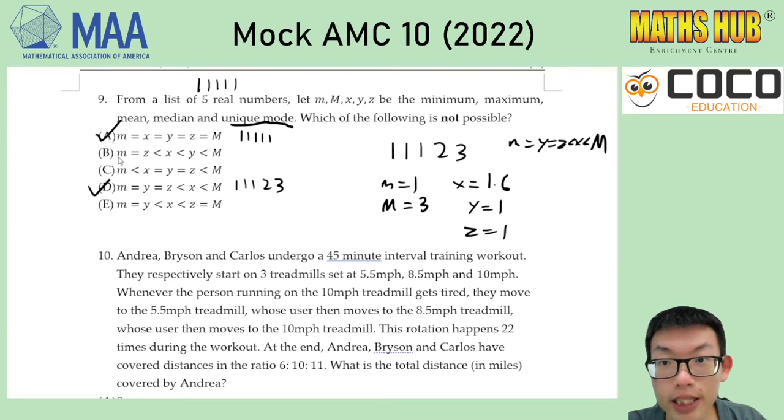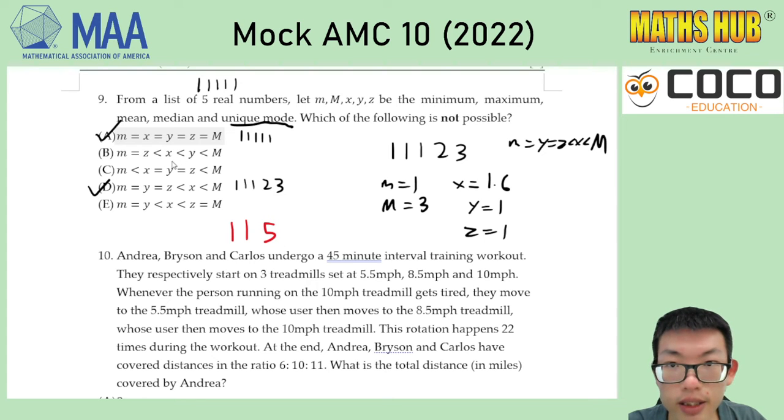Now option B says m equals z, so the mode is the minimum value. But the mean is slightly bigger and the median is slightly bigger. The median being bigger means that the mode can only appear twice. And the mean is slightly smaller than the median.